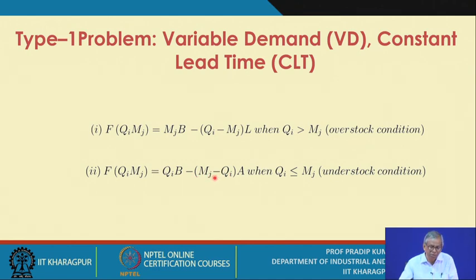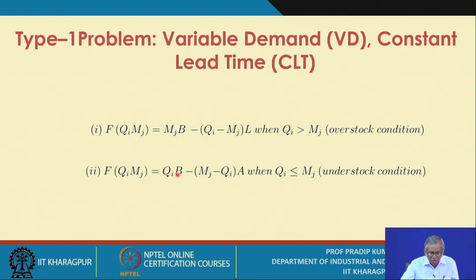Mj is the actual demand, and you are unable to fulfill the entire demand, so obviously Mj minus Qi is the understock amount. Against each unit of understock you incur a cost of capital A. The estimate of A is reliable, a good estimate that we are assuming.